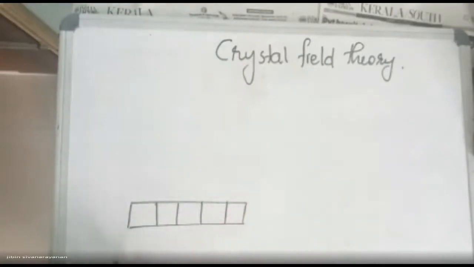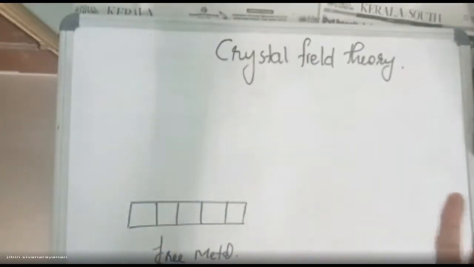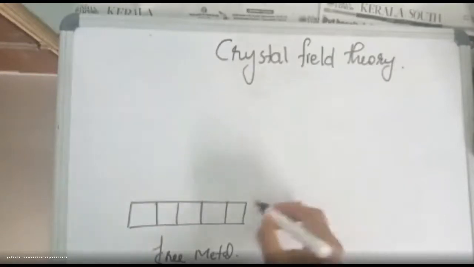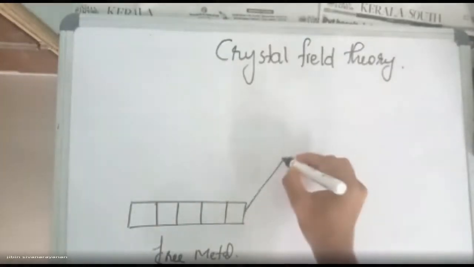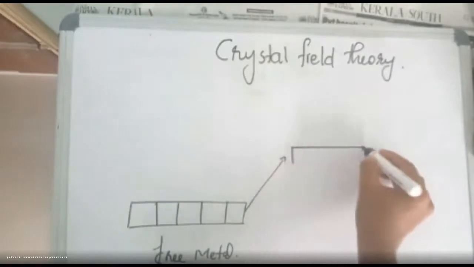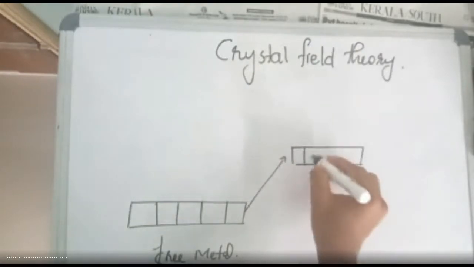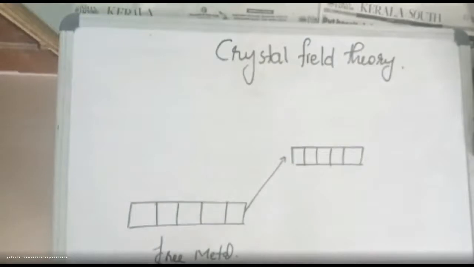So this is the free metal. These are the five different d orbitals of the metal ion. When the ligands are approaching the metal ion, obviously the energy gets raised.